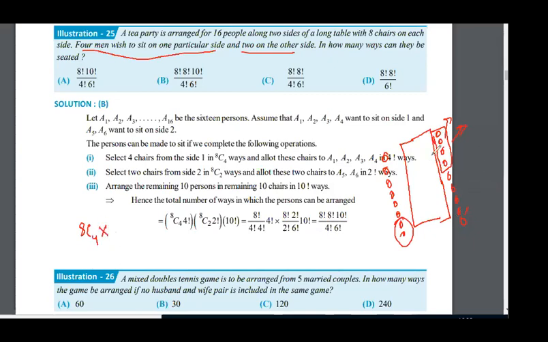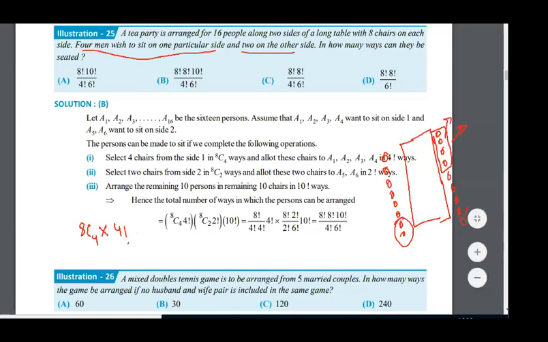Now, this four people can sit anywhere. Tell me, yes or no? Right? So if we have 4 chairs, 4 people can sit on these 4 chairs in 4 factorial ways, right?